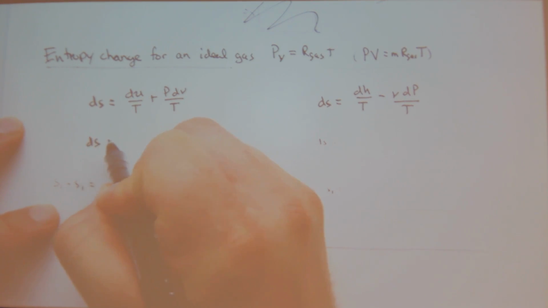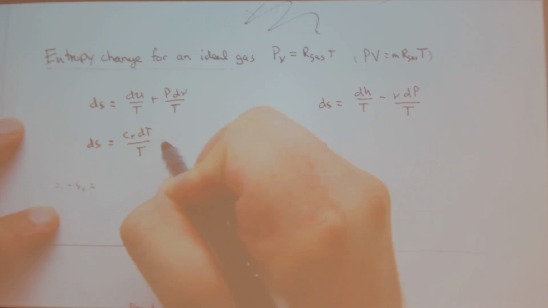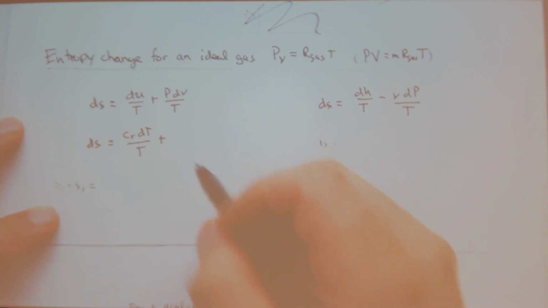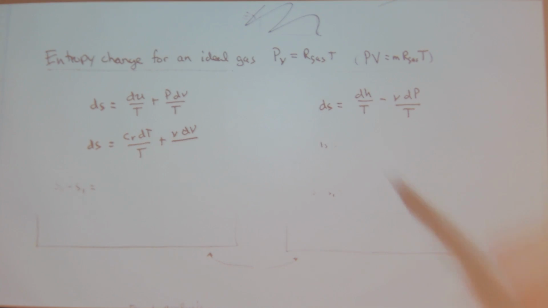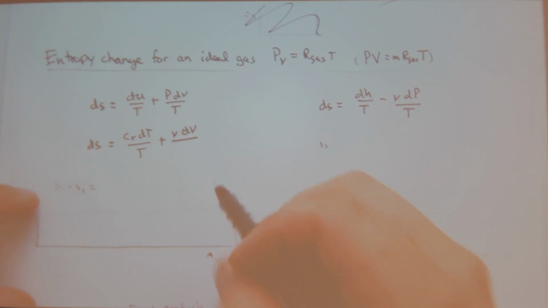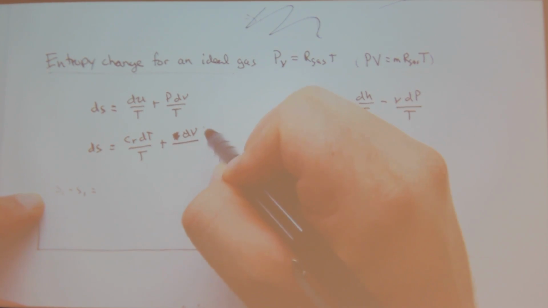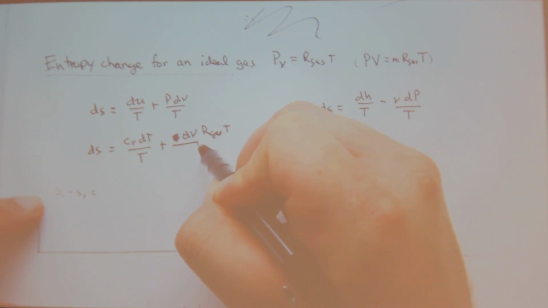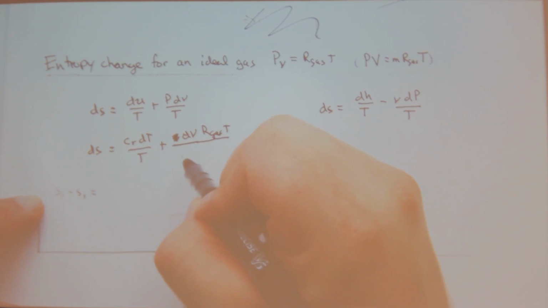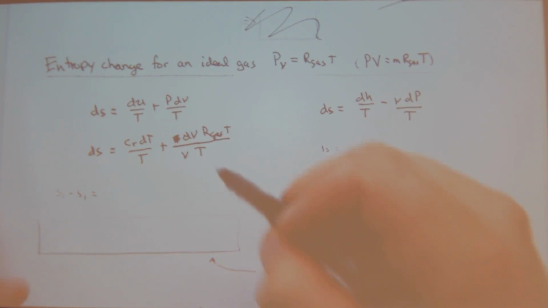So I have dS is equal to CV dT over T plus, and then here I insert P, so my T's cross out.